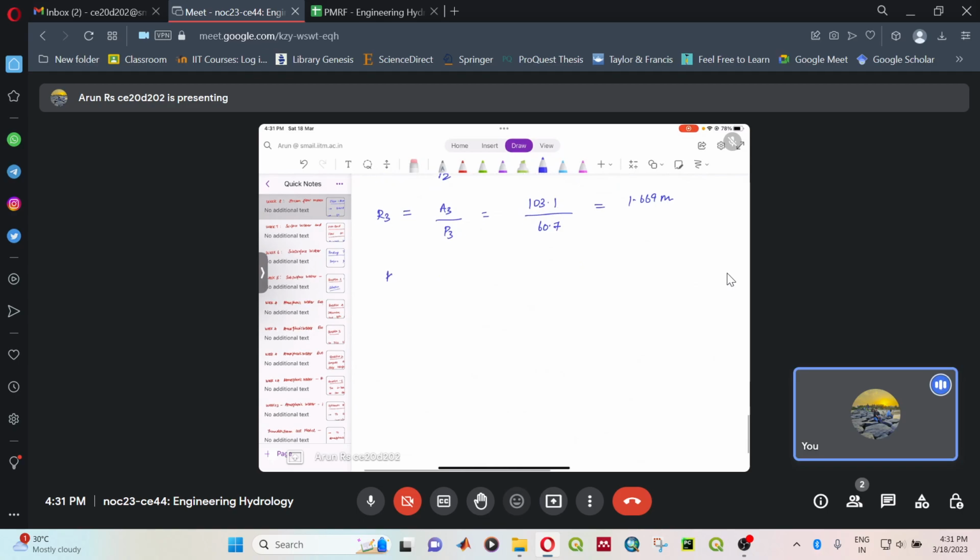So now we can compute the conveyance. K1 is equal to 108.6 divided by Manning's coefficient multiplied by 1.663 to the power of 2 by 3. Similarly, K2 and K3 we can find out.